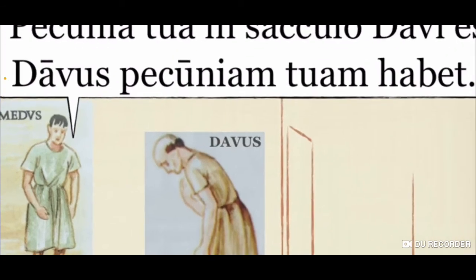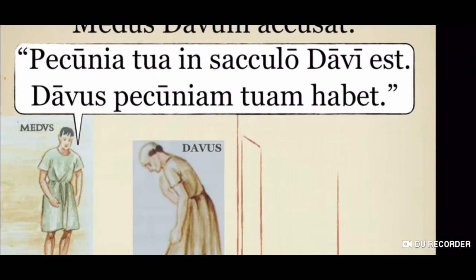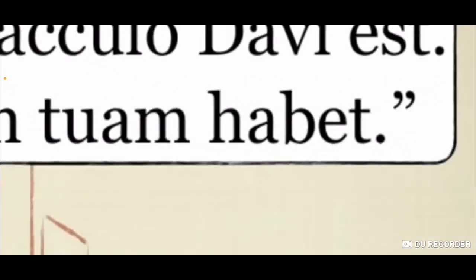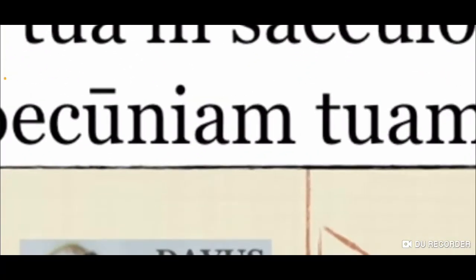And in this line, he used the accusative. Davus habet. So you already know Davus has, and whatever he has is going to be in the accusative. What does he have? He has your money. Tuam pecuniam.